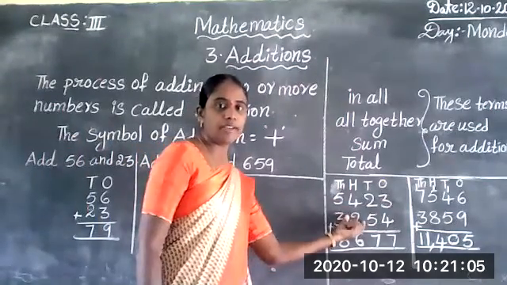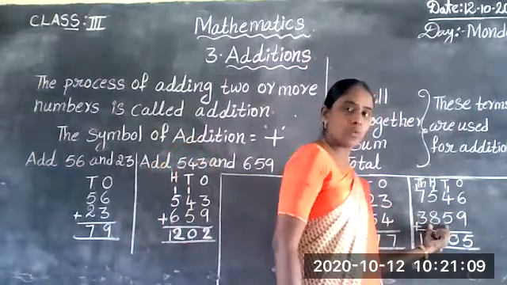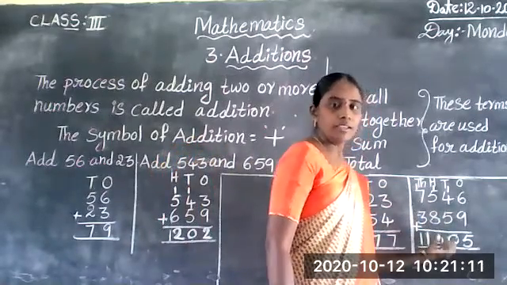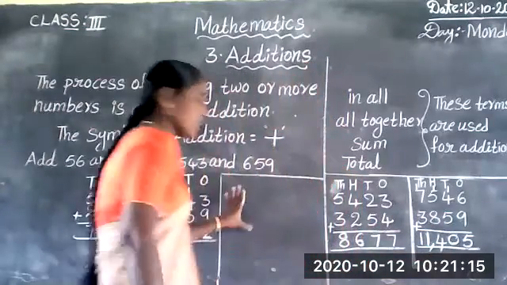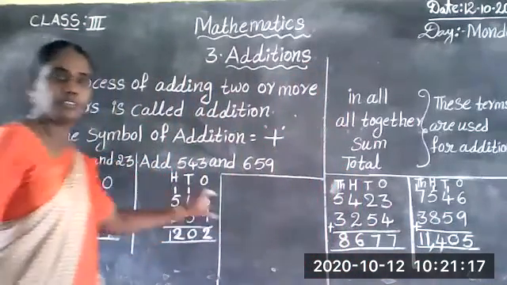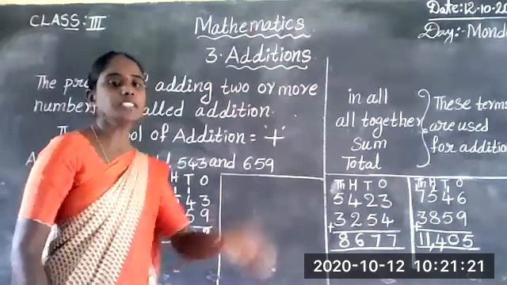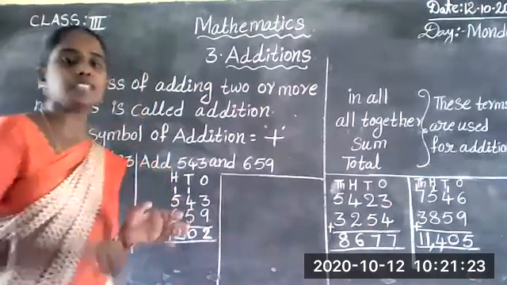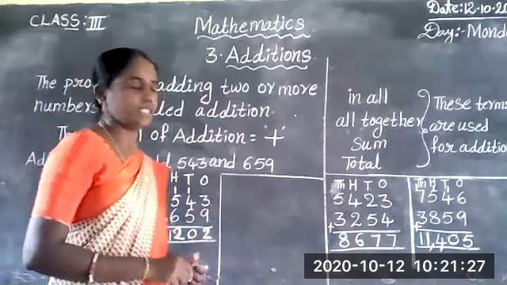Here we added 1000 numbers in 2 steps. Next we will add in 3 steps, 4-digit numbers in 3 steps. How to add? Now I will explain. Listen carefully, children.